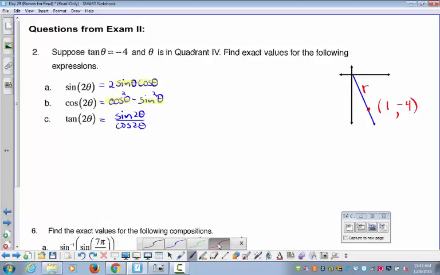We then have to calculate our radial distance. So we know that r squared is 1 plus 16. So r will be the positive square root of 17. Now that we have x, y, and r, we can calculate sine, cosine, we can calculate any of the 6 trig functions.